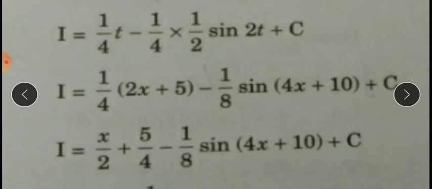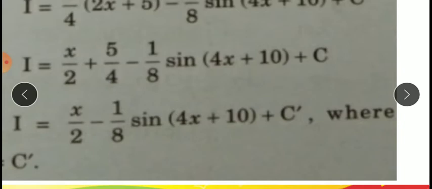Finally, we are getting I is equal to x upon 2 plus 5 upon 4, since 1 upon 4 multiplied by 5 is 5 upon 4, minus 1 upon 8 sin (4x plus 10) plus constant of integration.